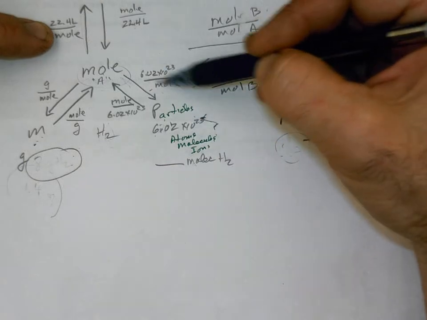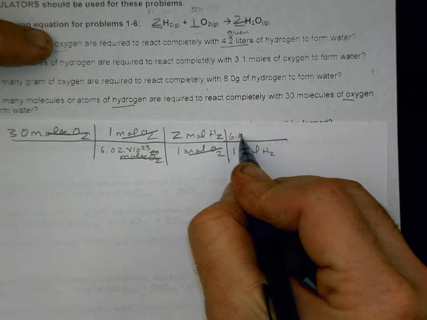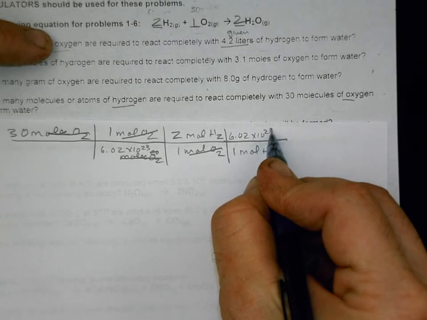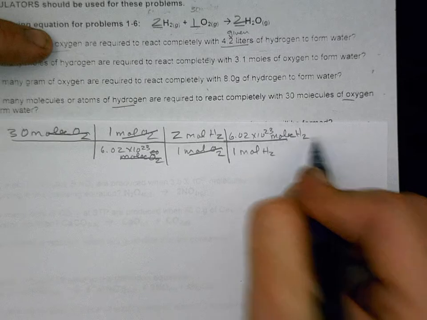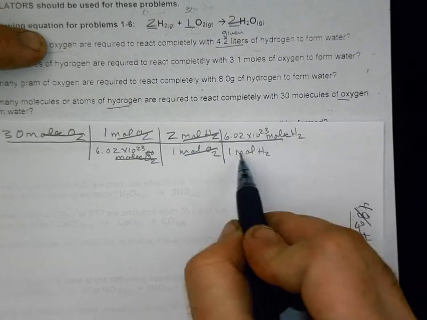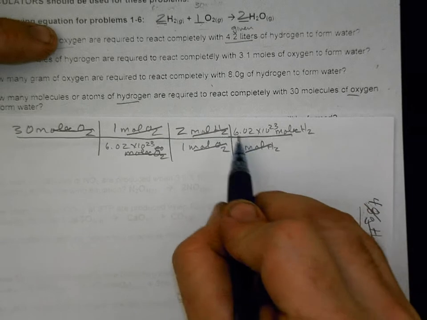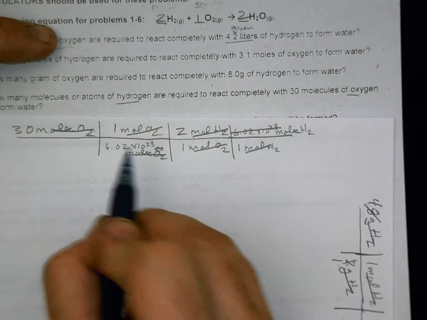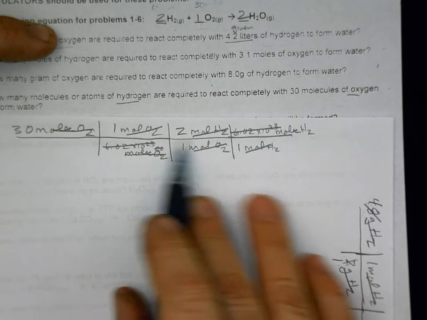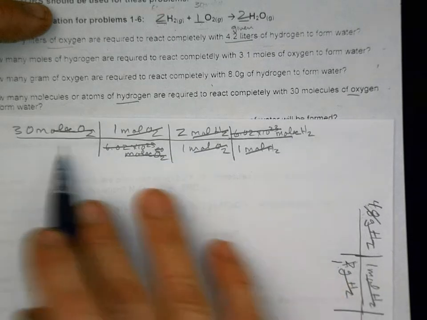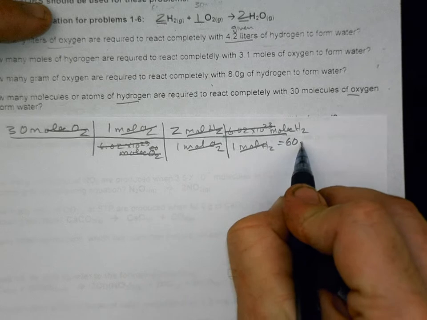What's the magic number for particles? 6.02 times 10 to the 23 molecules of H2. Now, moles of H2 cancel. At this point, we can cross off our numbers. Let's get the big monster done first and cancel Avogadro's number. And now, we're at 30 times 2, which equals 60, and it's molecules.